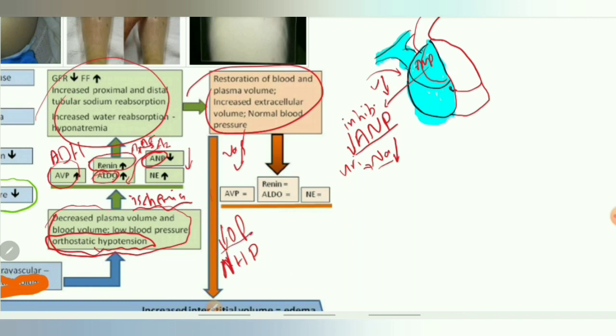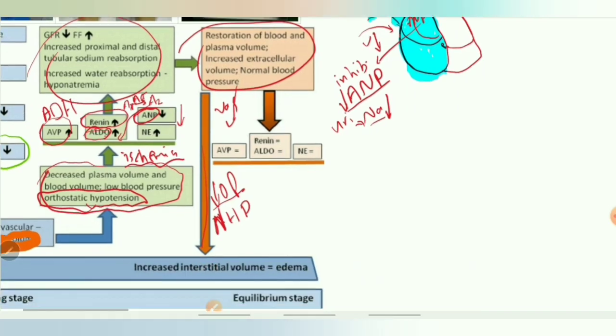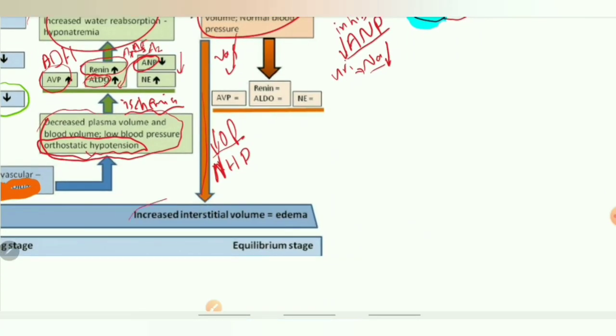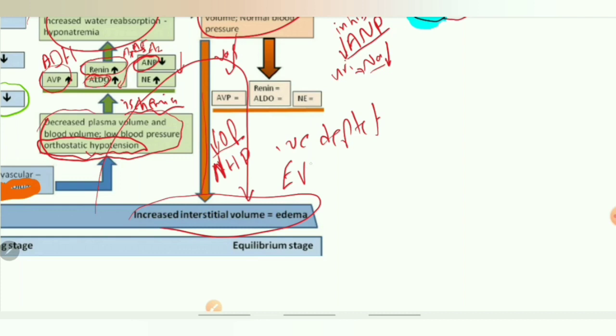So the net result initially is that all of this retained fluid shifts to the third space, causing interstitial edema, and more is retained and more goes to the third space. The intravascular compartment is depleted and the extravascular compartment is replenished and expanded, but the expansion will, with time, reach its limit.